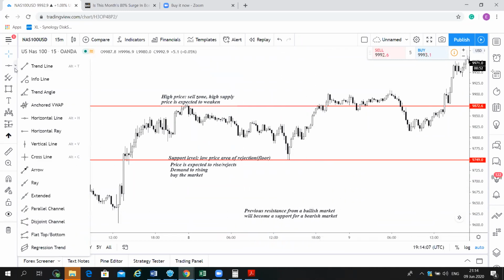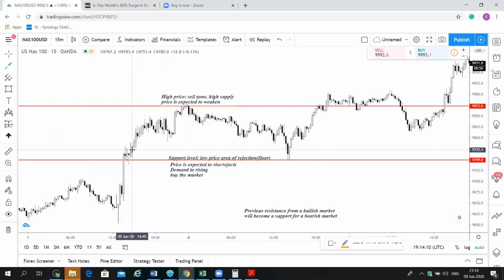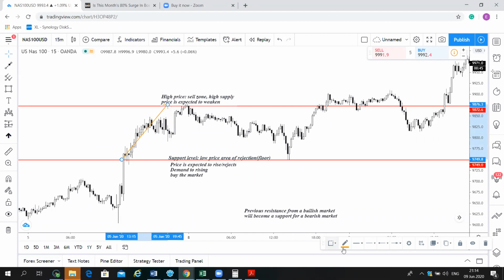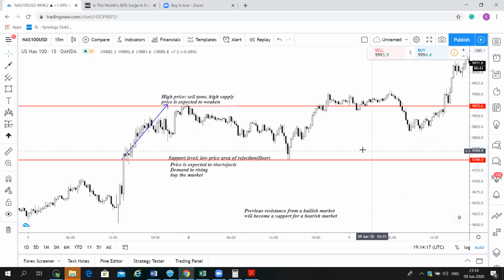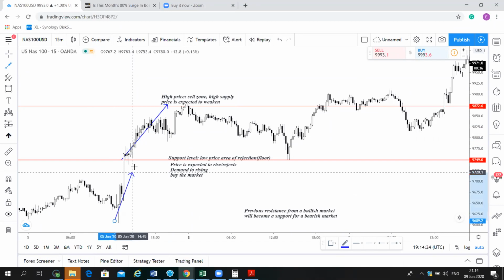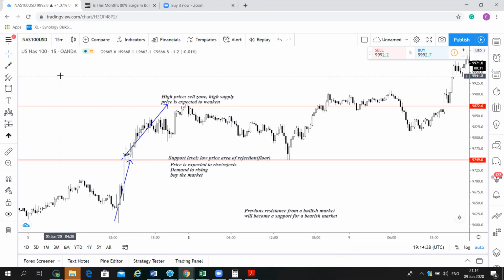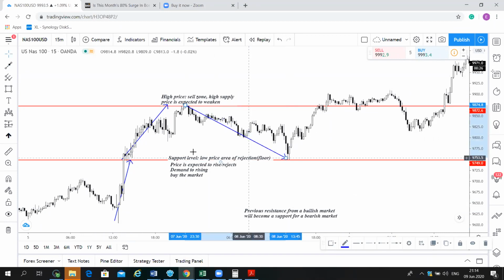Remember, a bullish market goes up, a bearish market comes down. This price here is a resistance for a bullish market, because we're going up. Then coming down, on the same price, it becomes a support for a bearish market.